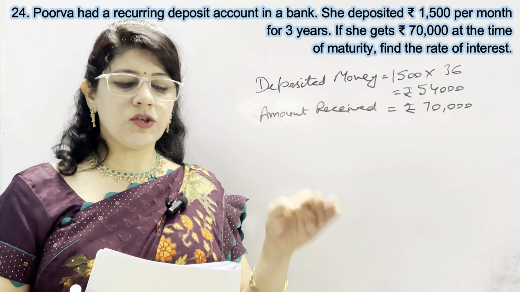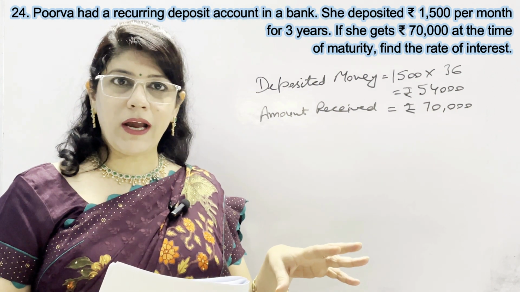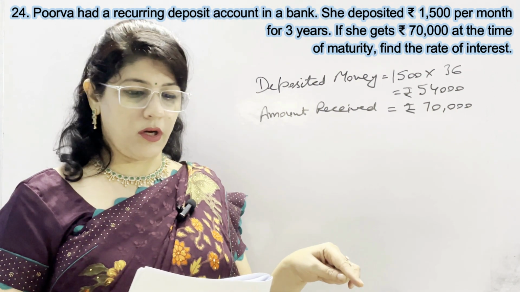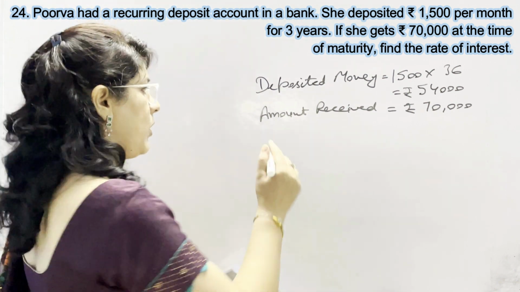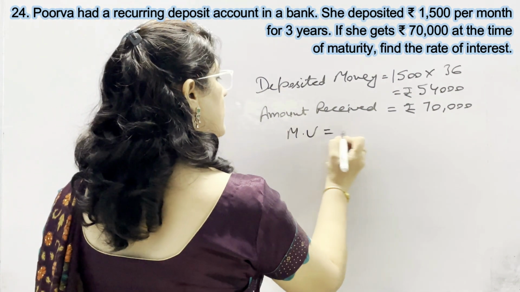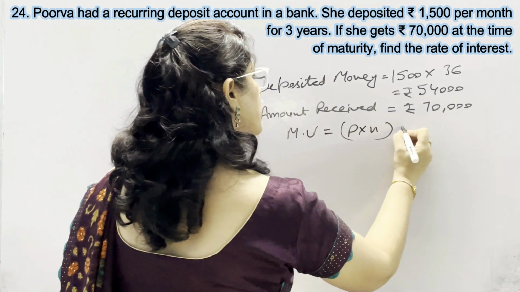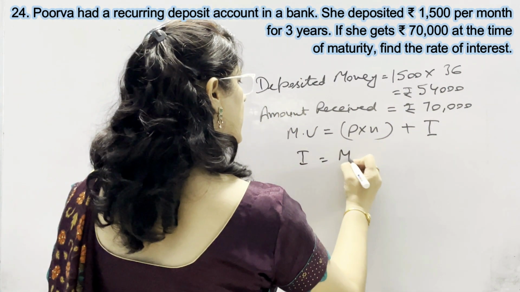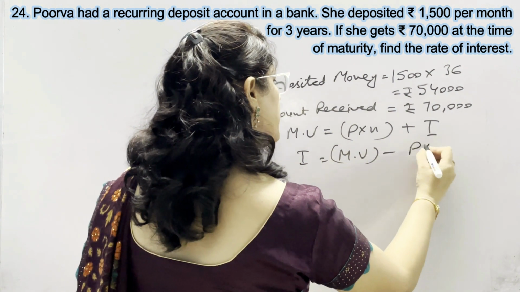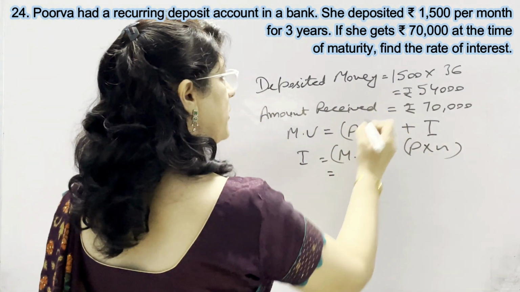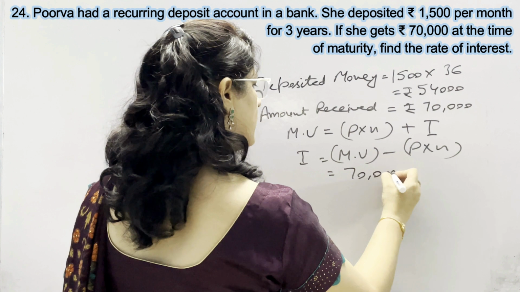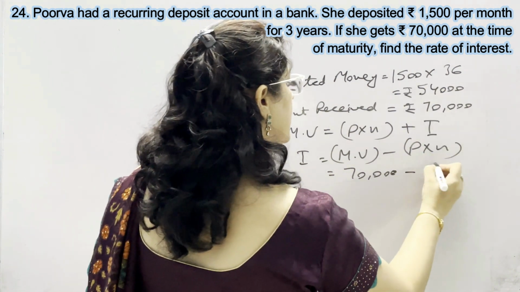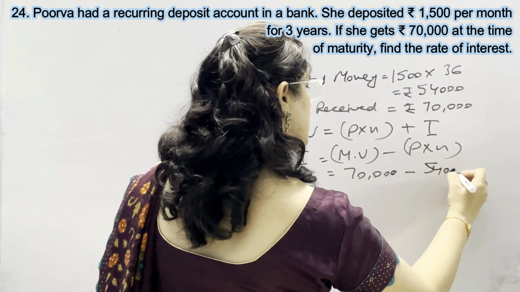For making the calculation easy, we just need to calculate with the formula of interest only, and we know the formula that maturity value is equal to P into N plus I. So I is maturity value minus P into N. Now maturity value is 70,000 minus P into N is 54,000.